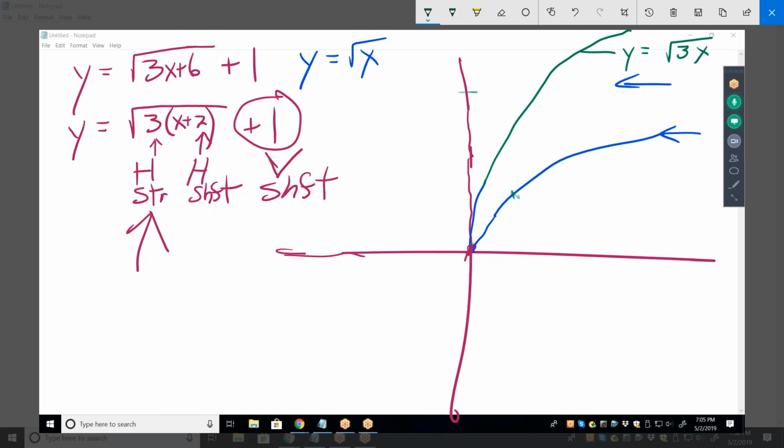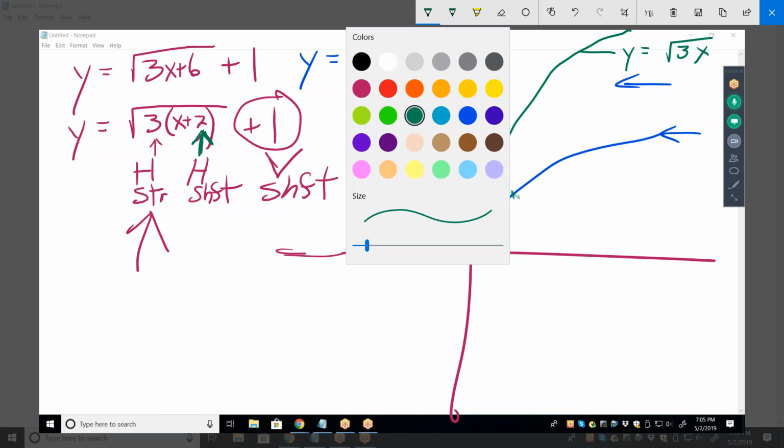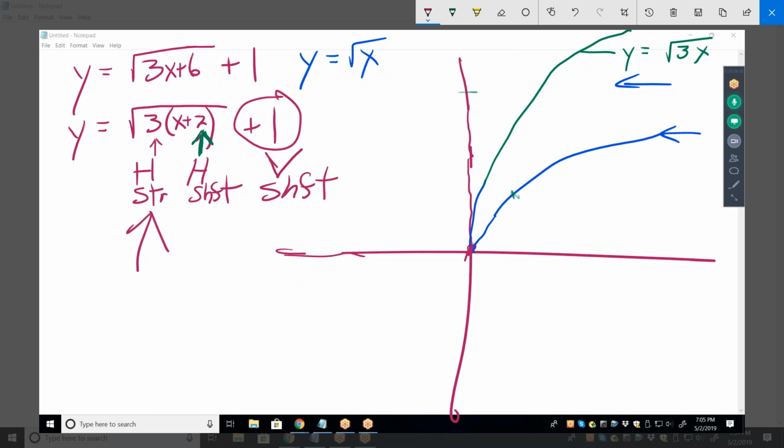Okay. Now, the next thing we're going to apply is the second transformation we come across, which is a horizontal shift of 2 units. What's that going to cause me to do to my green curve? Is it horizontal or vertical?